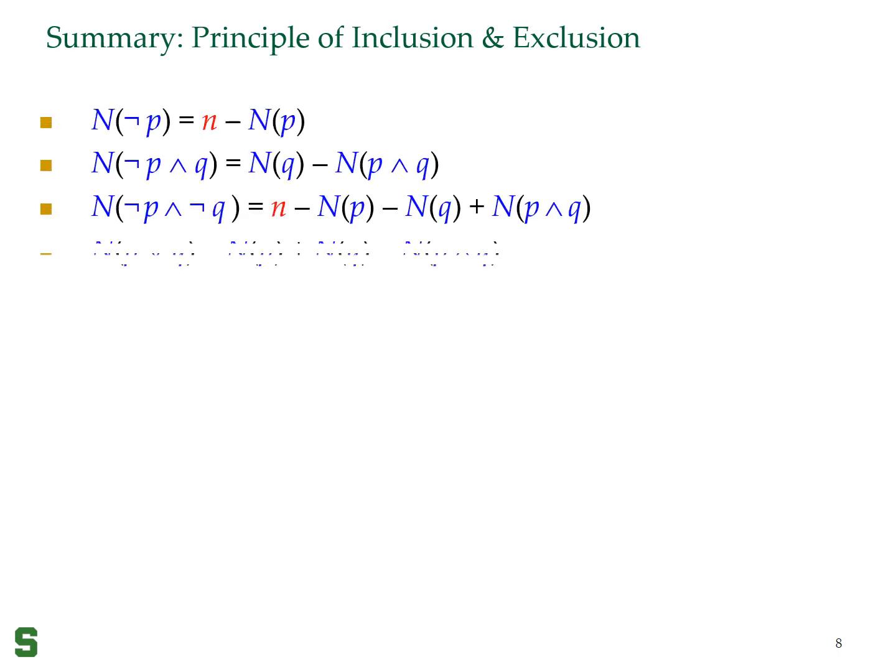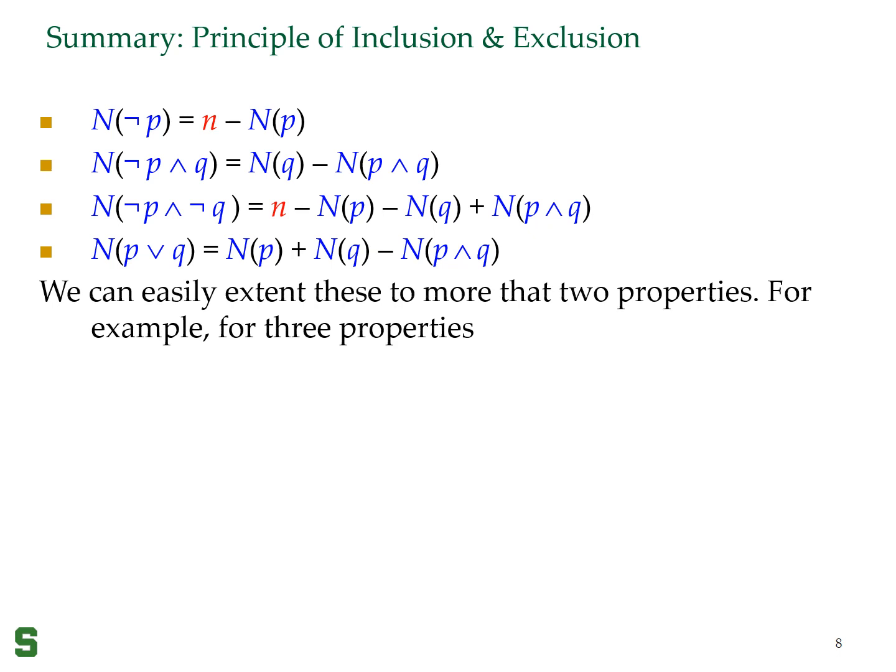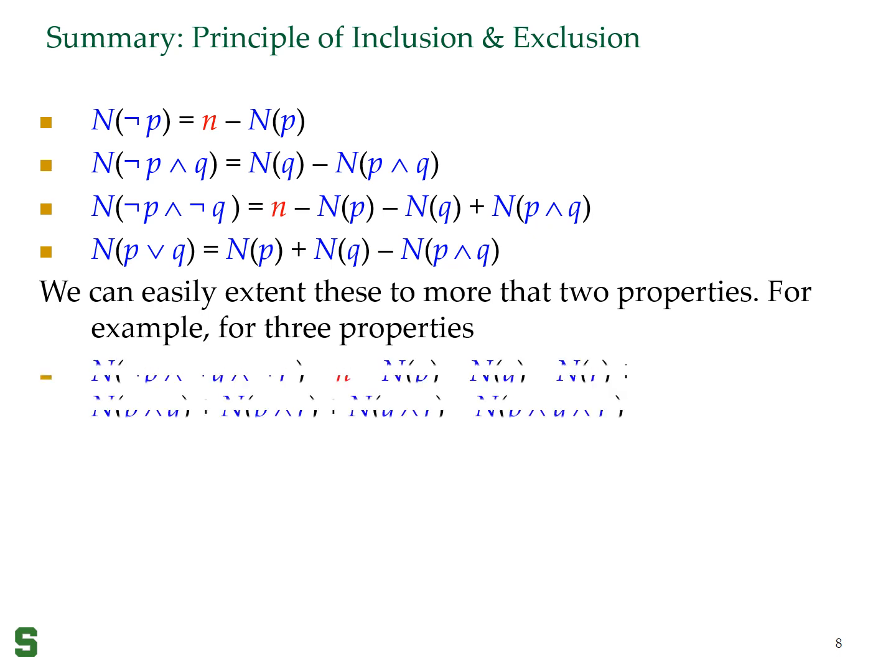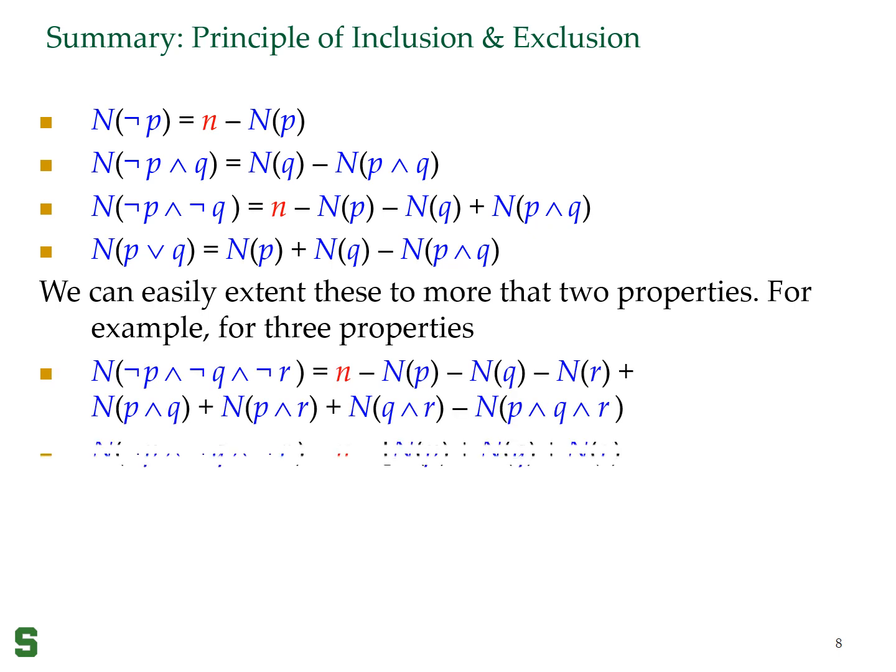So here is a summary of some of the things that we got from the principle of inclusion and exclusion. We can extend this for more than two properties as well, and these are the applications of that.